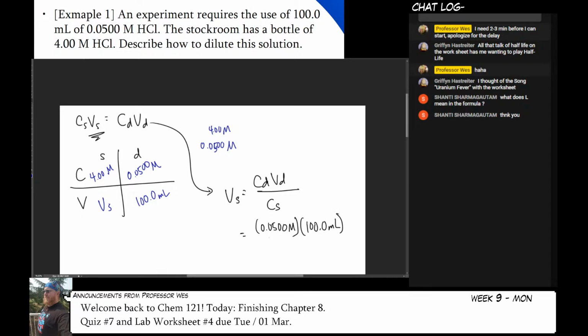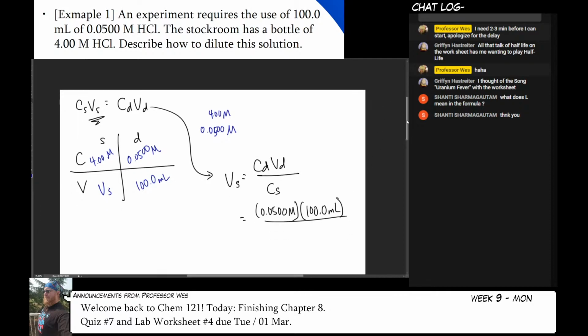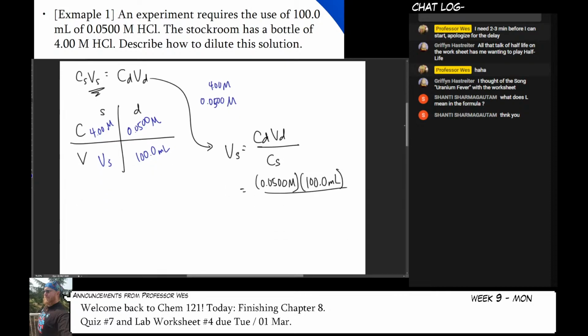Do we need to turn that into liters? You can, but bear with me. We'll just see what happens. And then finally, the concentration of stock solution was 4 moles per liter. What units cancel out? Well, molarity and molarity cancel out, right? And that's going to leave us with just whatever's left over.